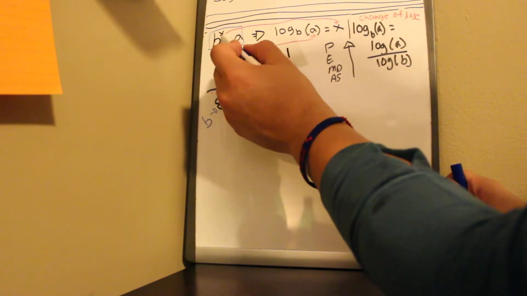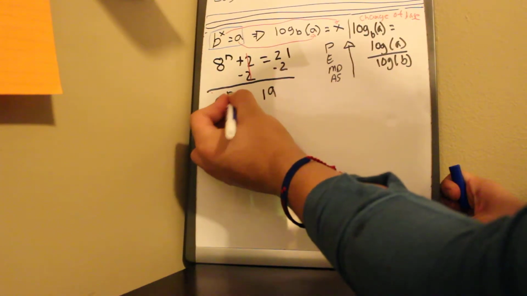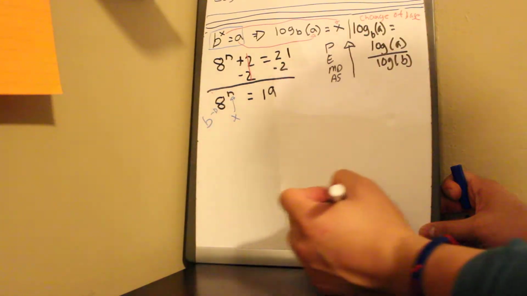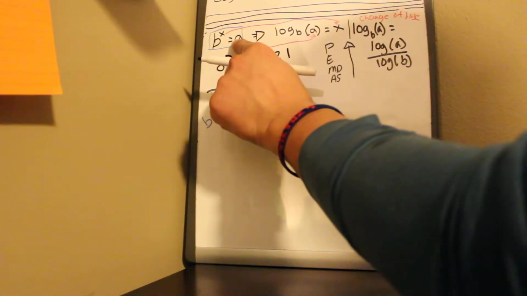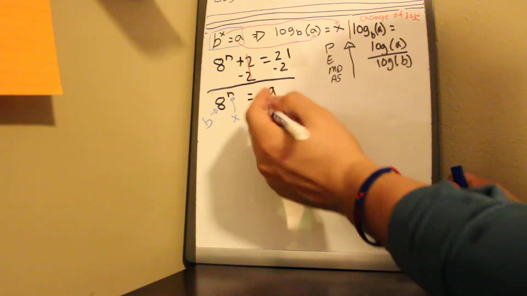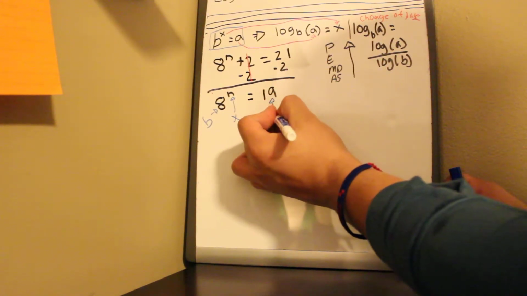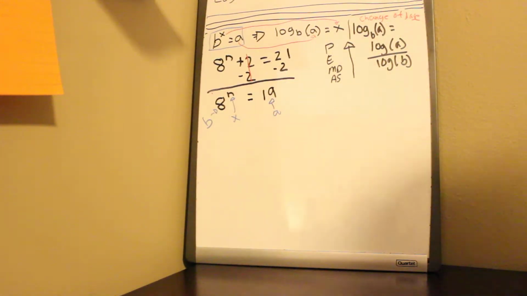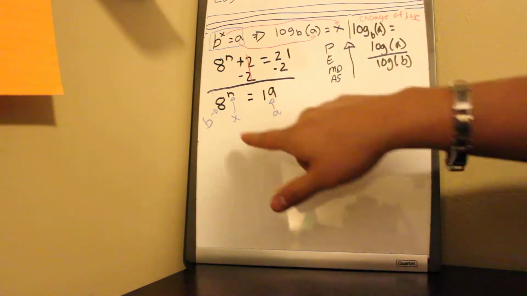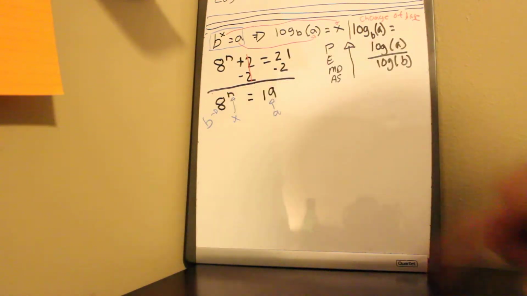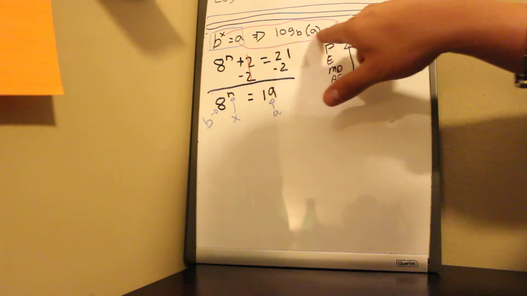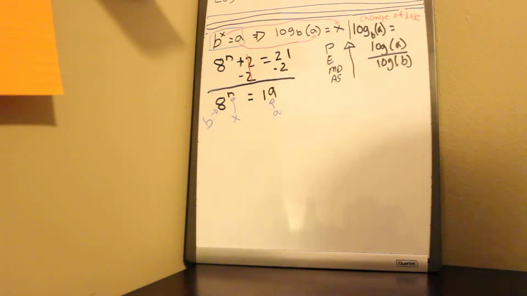Our input x, in this case, is n, so I'll label that. And the output a in our problem is 19. So we know our base is 8, our input is n, and our output is 19. I know all the information now to write this as a logarithmic expression.